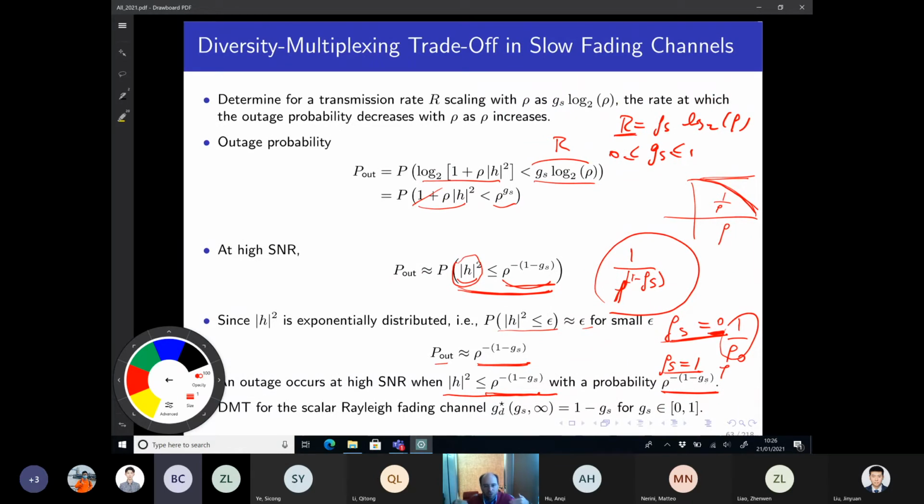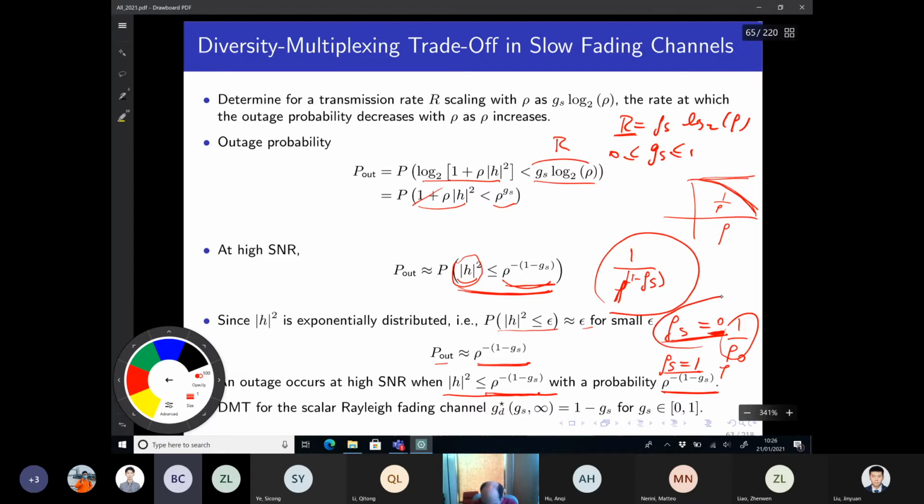Multiplexing tells you how fast you want to increase your rate with the SNR. The diversity tells you how quickly your outage will decrease with your SNR, and you cannot do both. If you want to increase your rate with the long-term SNR, you will have a hit in terms of outage probability, in terms of reliability.